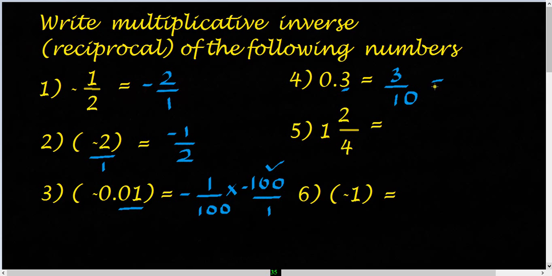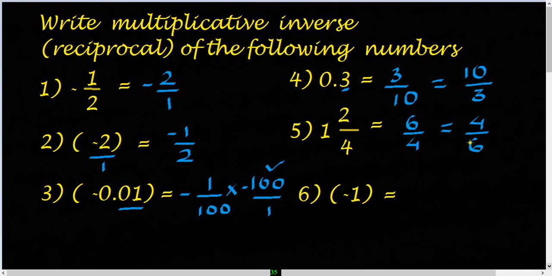It will be 10 upon 3. Next, if you have a mixed fraction, first write it as an improper fraction, that is, 4 ones are 4 plus 2, that is 6 upon 4. The multiplicative inverse of 6 upon 4 will become 4 upon 6.